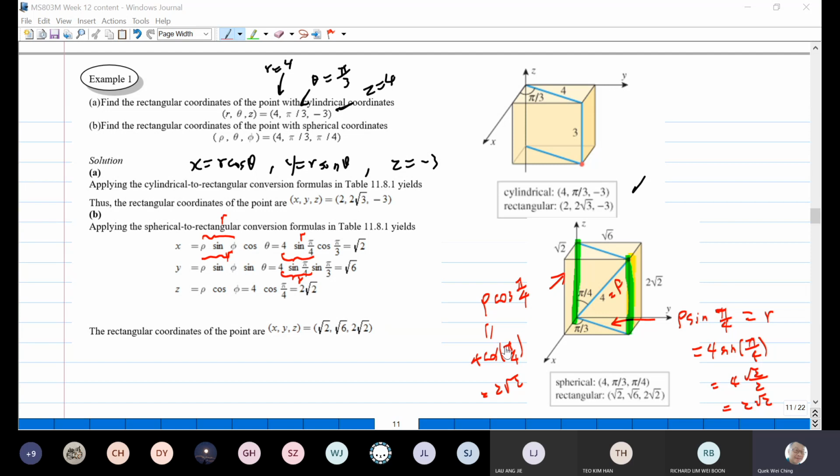Okay, hopefully I have copy already. Yeah, copy finish already. Okay, thank you. To show you the comparison.